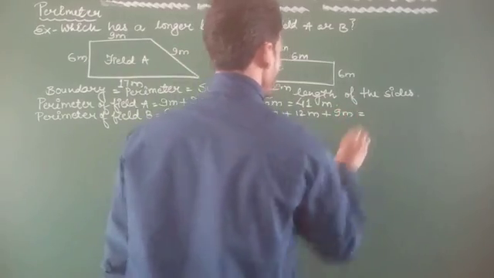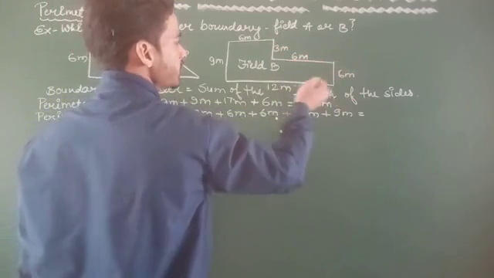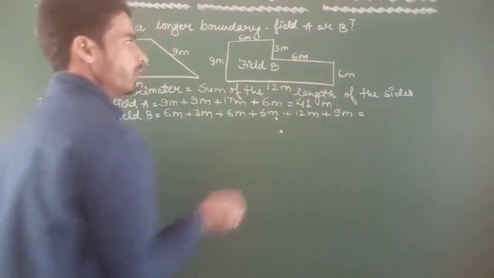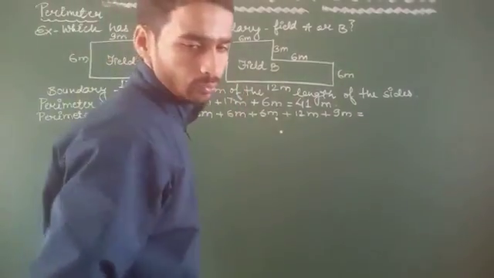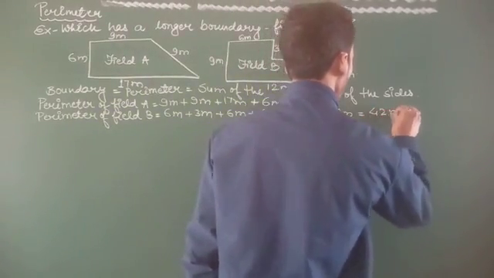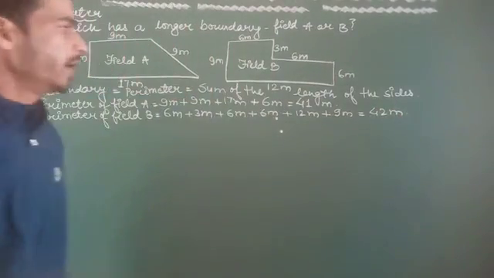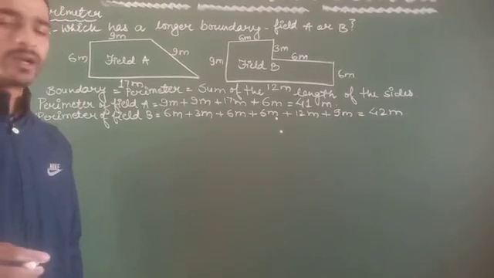Find the sum: 6 and 3 is 9, 9 and 6 is 15, 15 and 6 is 21, 21 and 9 is 30, and that is 42 meter. So field A's boundary is 41 meter and field B's boundary is 42 meter.